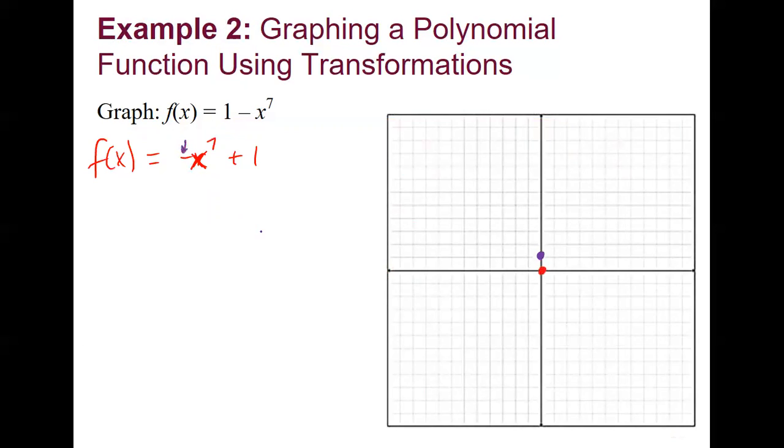Does anything else change? Yes. What does this negative tell me? So instead of heading like this, it's going to be doing what? I can't. Okay, that didn't go very well. That looks like an H. I tried to make it the other way. Oh my gosh. You see what I tried to do? I can't make it curve.